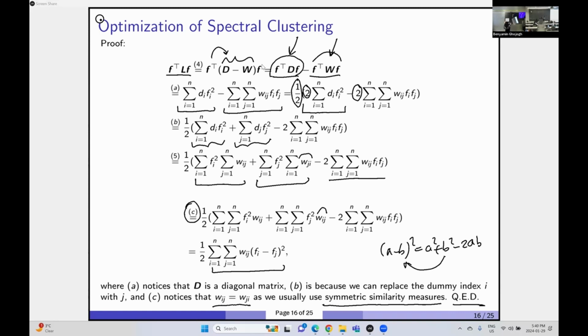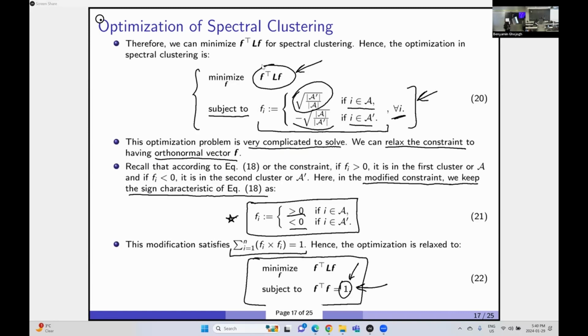We proved that. So as a result, in equation 20, we said let's minimize F transpose LF subject to the definition of Fi, right? So the whole thing is equivalent to minimization of the ratio cut, right? And then we said this is a hard problem, so let's relax the constraint to have equation 22.